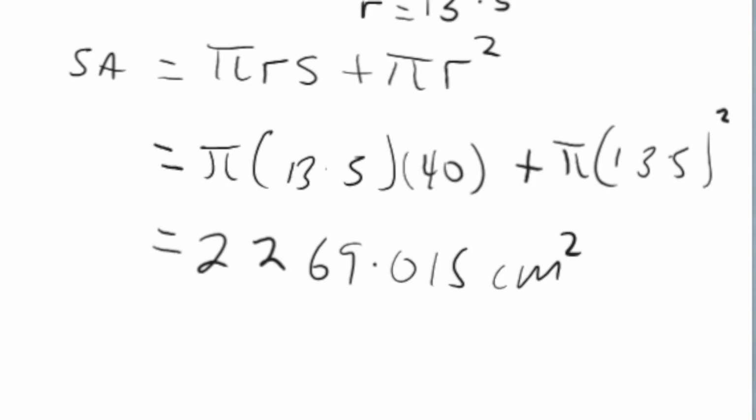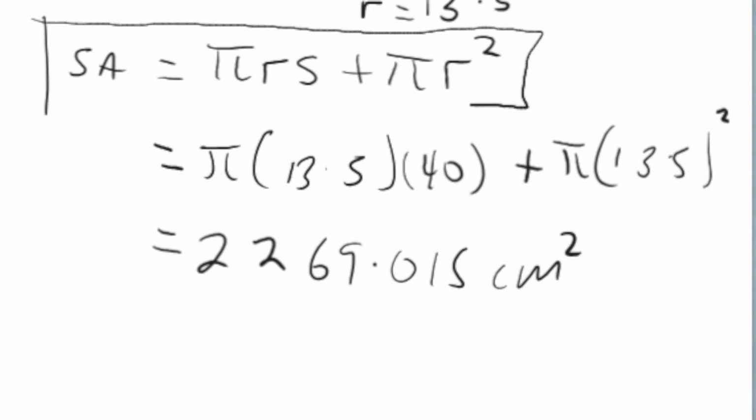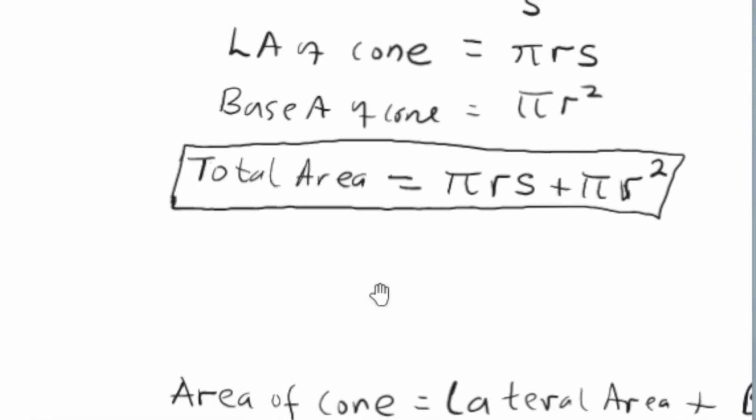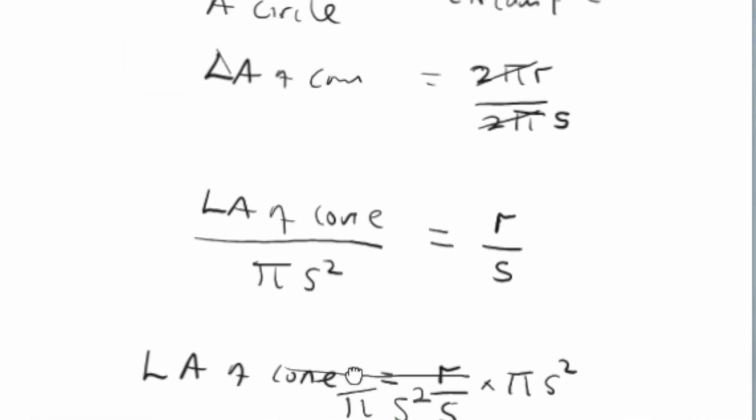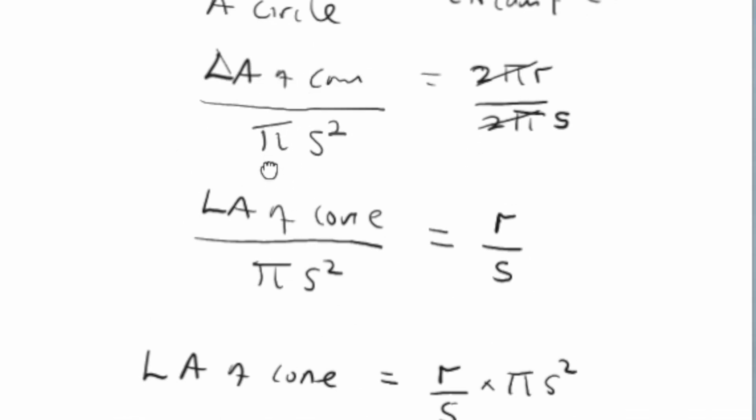So that is how you find the area of a cone. Just note the formula. That is the important thing. Unless you are asked to prove it, or you want to show somebody how it came about, that is where you go through all this process. I just wanted you to understand how it came about.